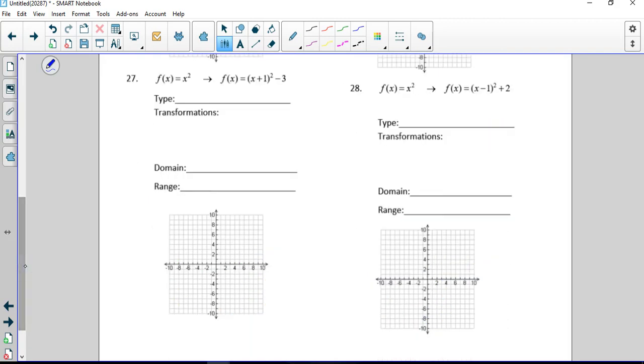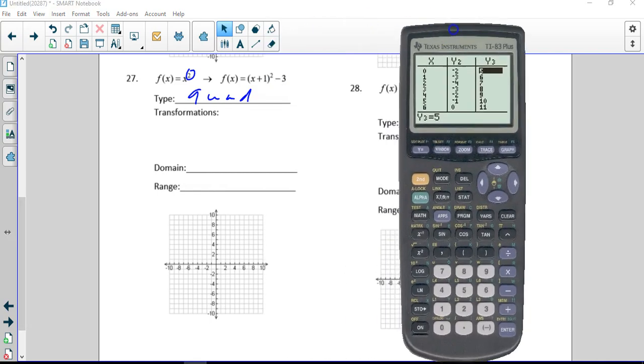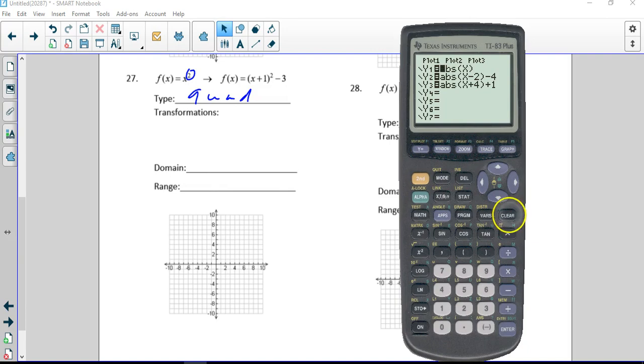Number 27. It is a quadratic. I know that from the little 2 right here. Okay? So I can graph my original. The y equals. Clear out everything. Go back up. And so I put x squared.